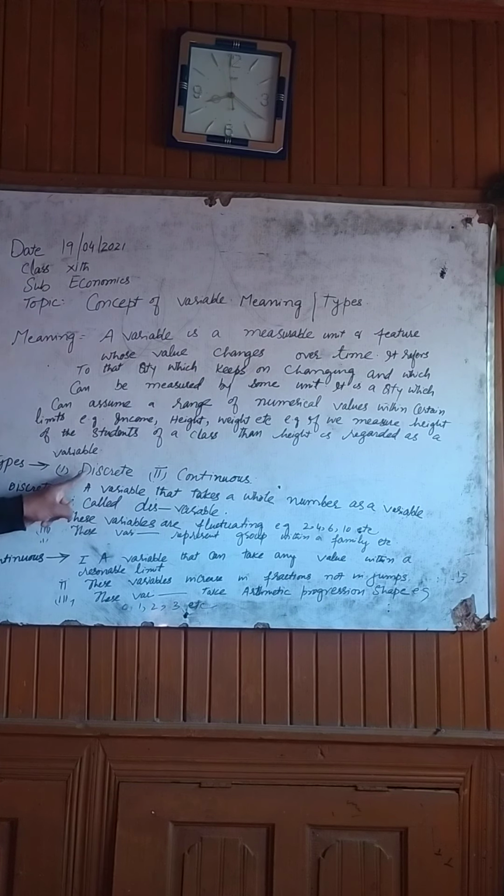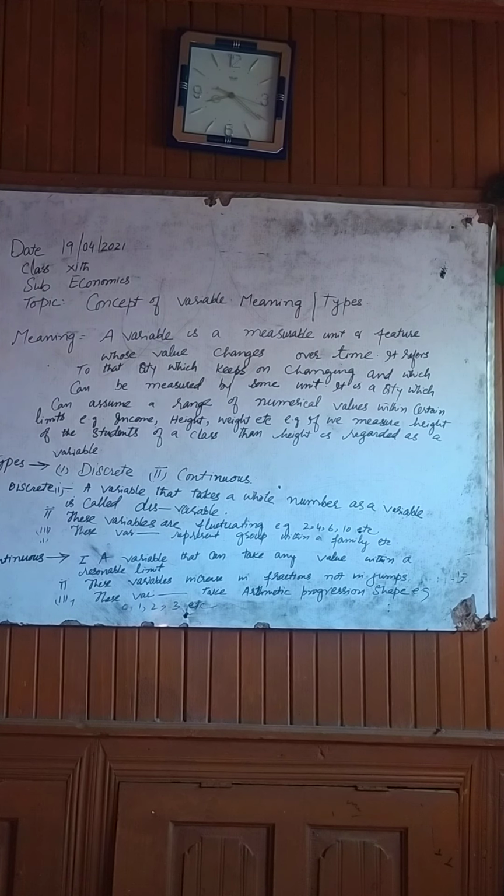Then we learnt about its types. First type is discrete, second is continuous. A variable that takes a whole number as a value is called a discrete variable. These variables are fluctuating, for example 2, 4, 6, 10, etc. These variables represent a group within a family or within a class.